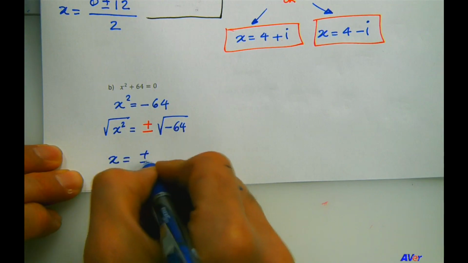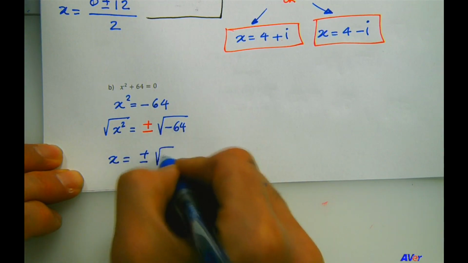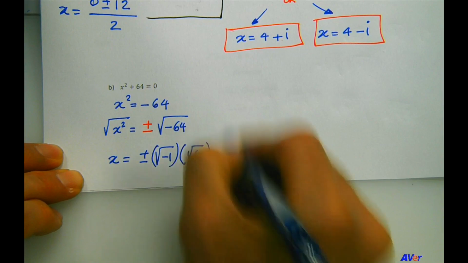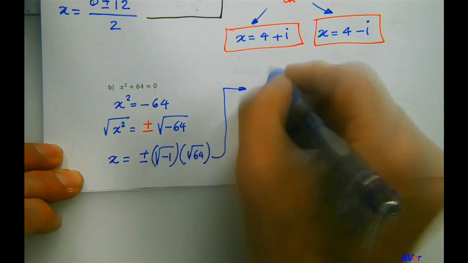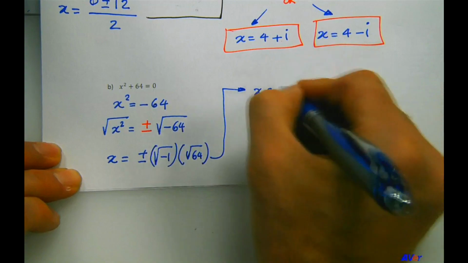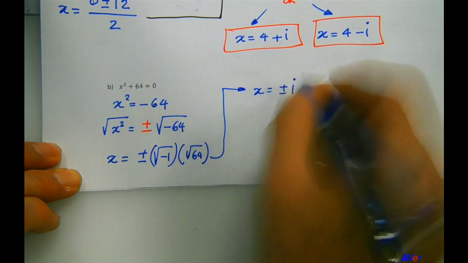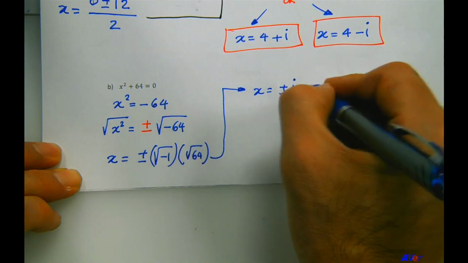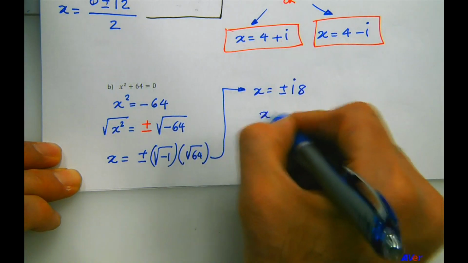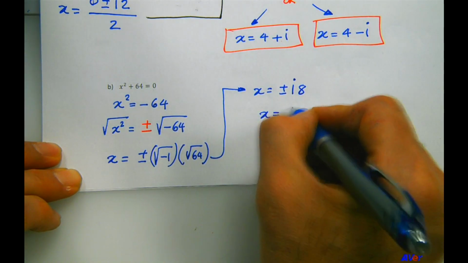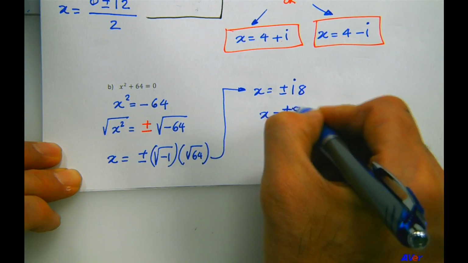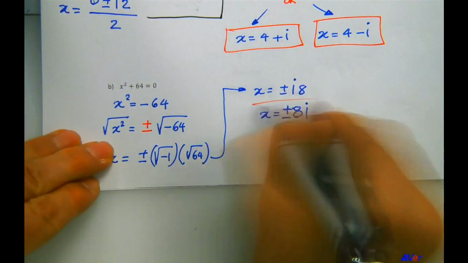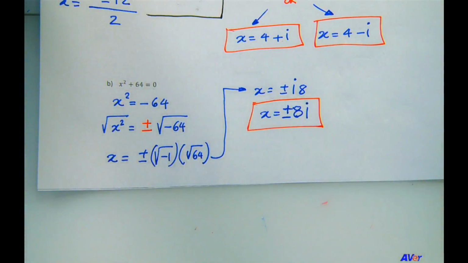On the right we have plus or minus square root of negative 1 times square root of 64. And then we have x equals plus or minus i times 8, right? Square root of 64 is 8. So let's write this in proper form. x equals plus and minus 8i. Like that. Okay.